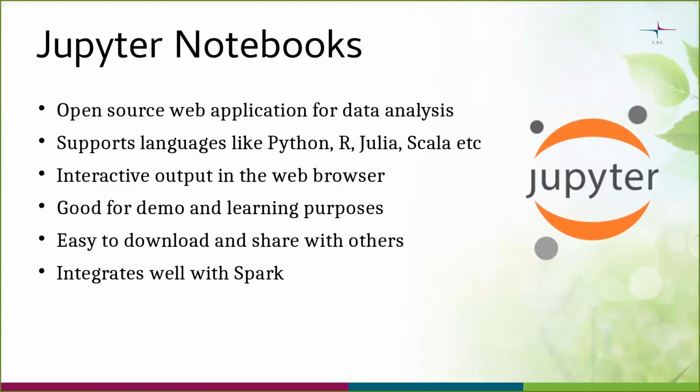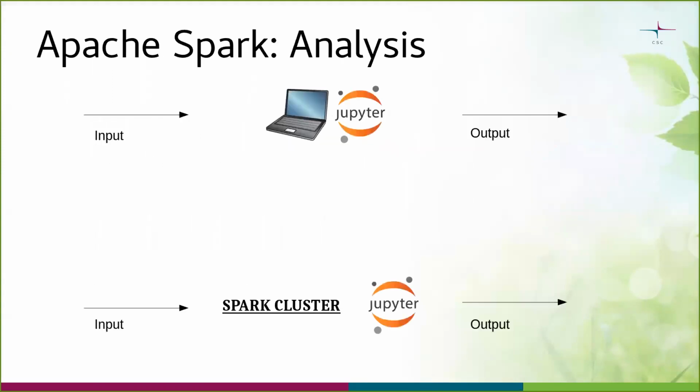So the point is that you write your code in Jupyter and you get the output. Traditionally, people write their code on their laptop which has Jupyter running. If you write your code in Python in Jupyter running on your laptop, you provide an input, your code runs, and then you get the output.